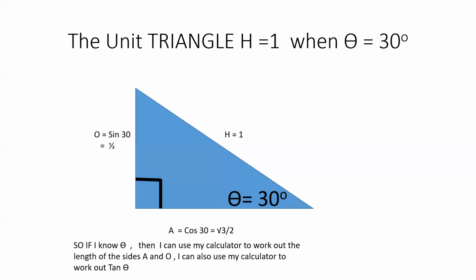So we used the example of sine 30 there, and we could have used any other angle we decided to. So if I know theta, then my calculator can tell me the length of the sides of the unit triangle.